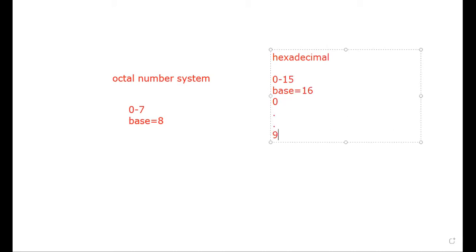Up to 9 it's okay, but when you're starting from 10, 11, 12, 13, 14 and 15, you have to represent these numbers with capital English letters. So 10 means A, 11 means B, 12 is C, 13 is D, 14 is E, and 15 is F. This is how you represent the numbers from 10 to 15 in hexadecimal.